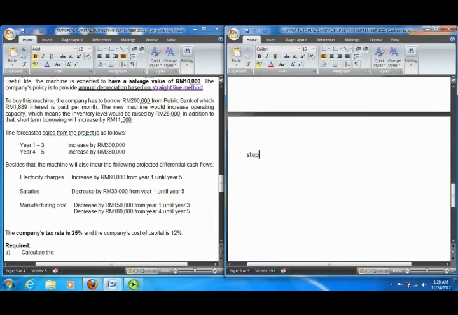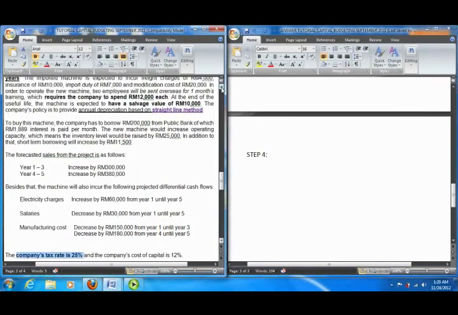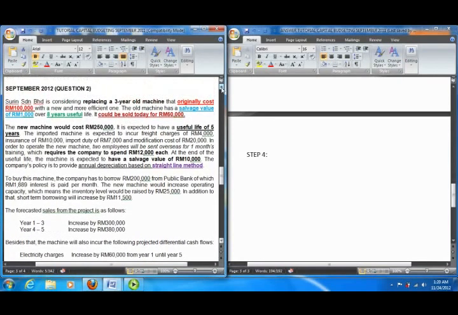Alright, next, class, step 4. Step 4 is, you need to calculate what, class? Alright, class, step 4, you need to calculate net working capital.